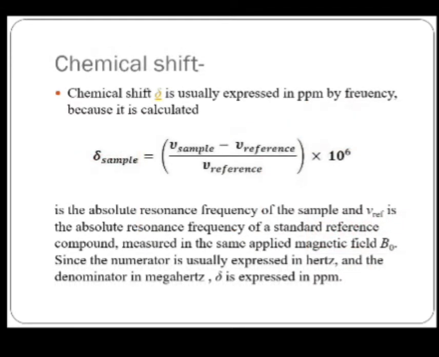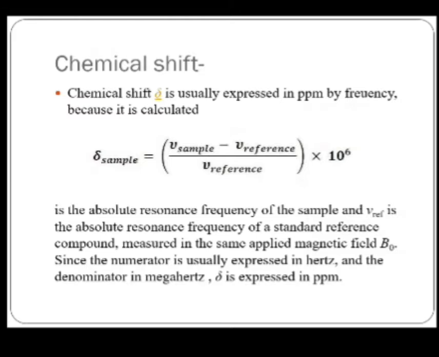Then the next point is very important, that is the chemical shift. Chemical shift is denoted by delta and is usually expressed in parts per million by frequency, because it is calculated as delta = (ν sample minus ν reference) divided by ν reference, into 10 raised to 6, that is the ppm. ν sample is the absolute resonance frequency of the sample, and ν reference is the absolute resonance frequency of a standard reference compound measured in the same applied magnetic field B0.